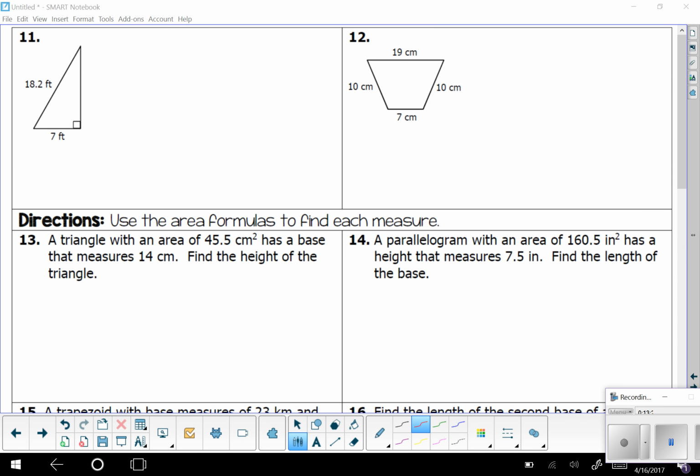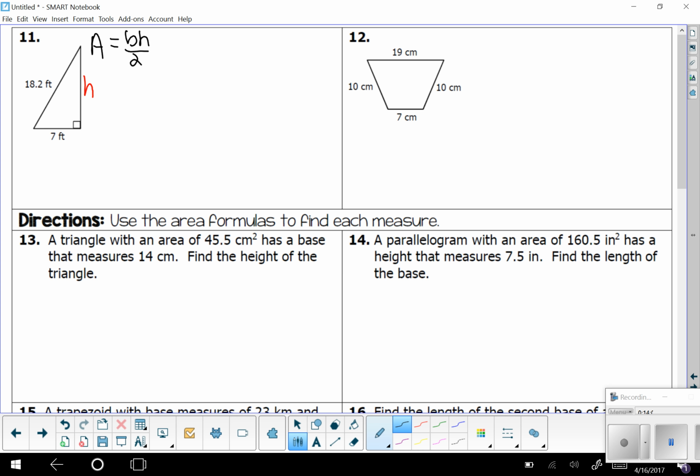Okay, so on the next page, we need the height and the base for a triangle, because our formula for a triangle is area is equal to base times height over 2. But we don't have the height here. How can we find that height so that we can do this problem?